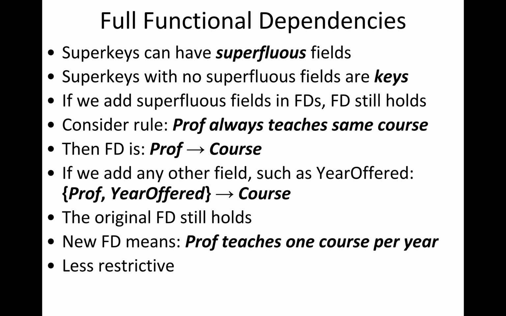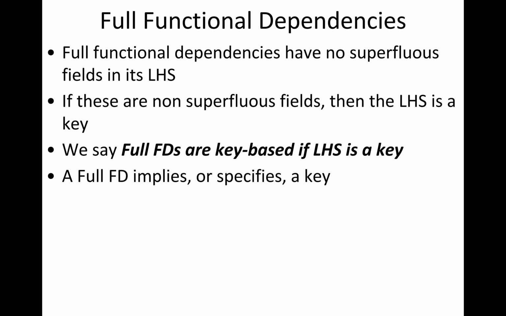Superkeys that don't have any superfluous keys are just plain old keys. Right. So if you have full functional dependencies, if you have identified functional dependencies that only depend on the keys, that don't have dependencies with other fields, but only depend on the key, we call that a full functional dependency, right?